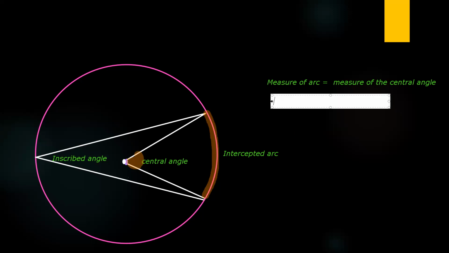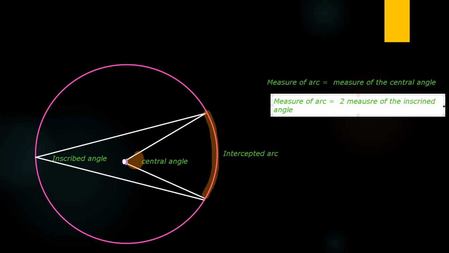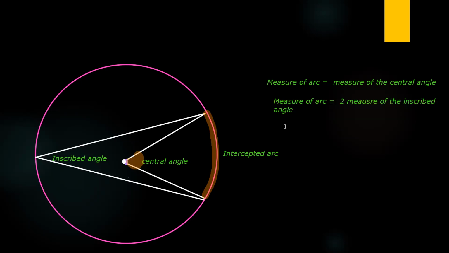So the intercepted arc can be found by the measure of the central angle, they are equal, and by the inscribed angle, whereas the inscribed angle is half the measure of the arc.